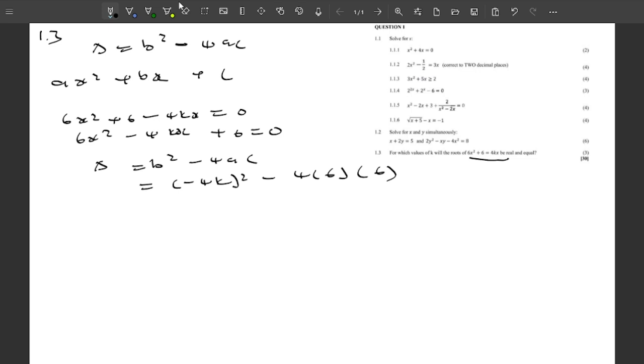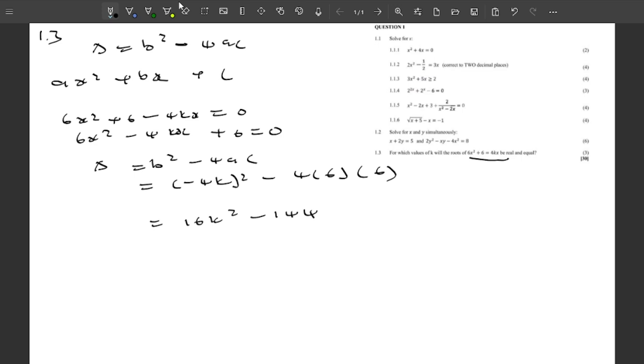Alright, now we're going to have 16k squared minus 144, right? So from here, we have to find the value of k in order to solve this. Now, remember that they gave us a hint on how to use it.